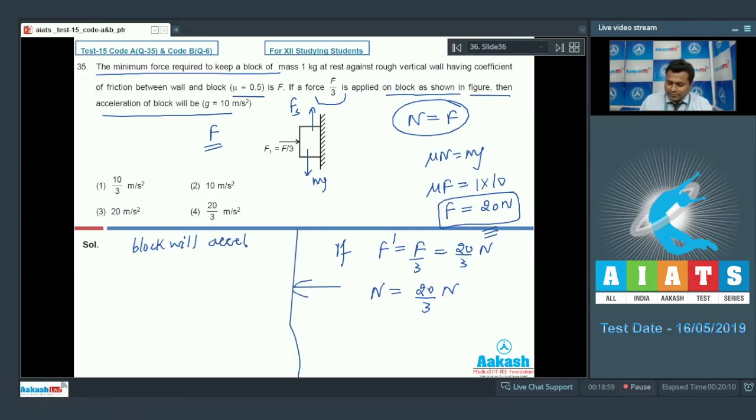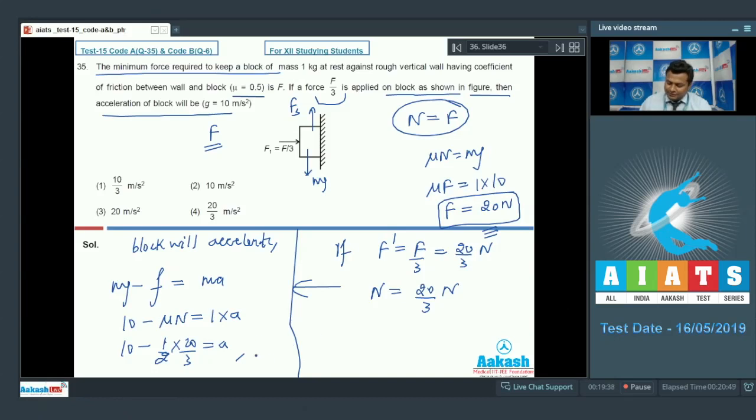Block will accelerate now. So therefore we have the forces mg minus kinetic friction will act, F equals m into a. mg, m is 1, g is 10, minus F, that is mu N, equals ma, 1 into a. 10 minus mu 0.5, that is 1 by 2, you can write, N equals 20 by 3, equals a.